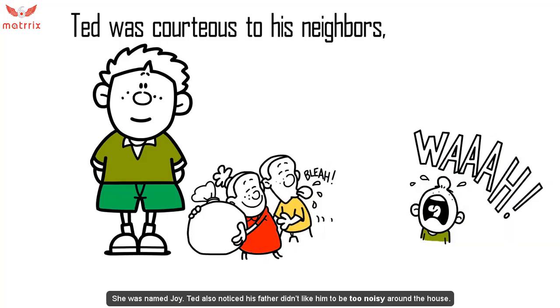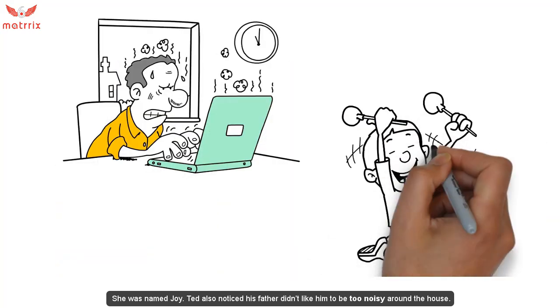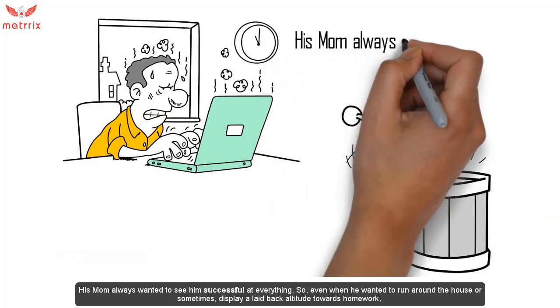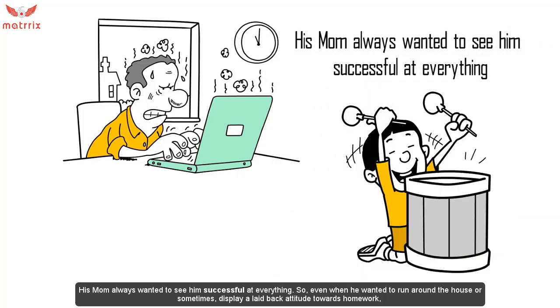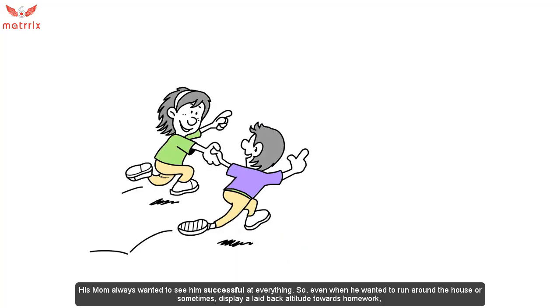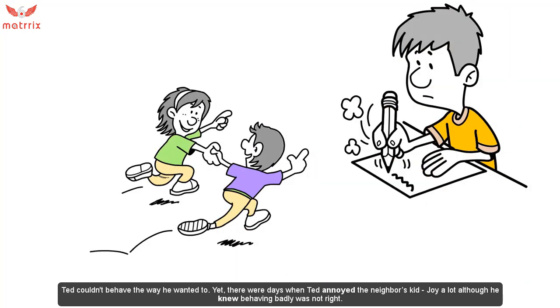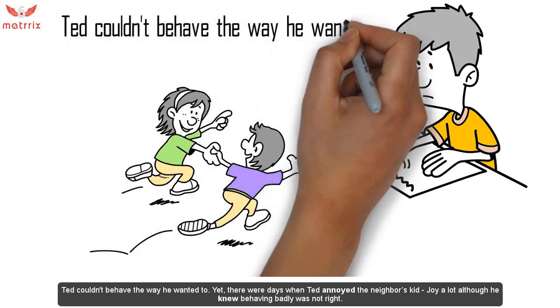She was named Joy. Ted also noticed his father didn't like him to be too noisy around the house. His mom always wanted to see him successful at everything. So, even when he wanted to run around the house, or sometimes display a laid-back attitude toward homework, Ted couldn't behave the way he wanted to.